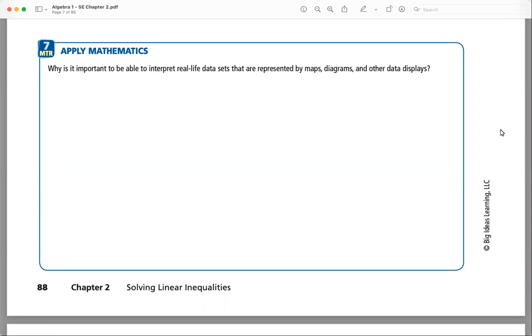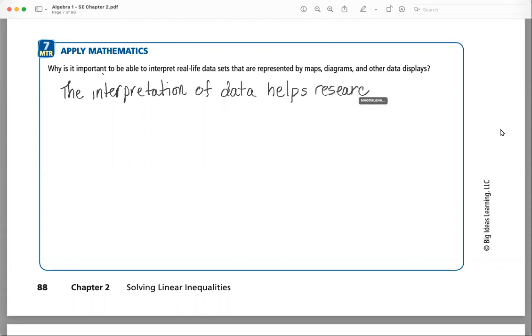So in a general definition, the interpretation of data helps researchers to categorize.